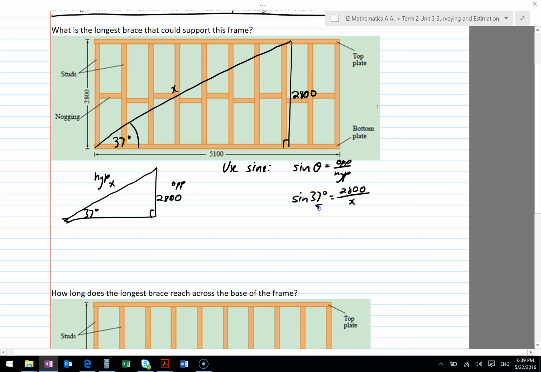Remember, you can just switch the x and the sine 37 around. I prefer to multiply both sides by x, and then divide by sine 37.